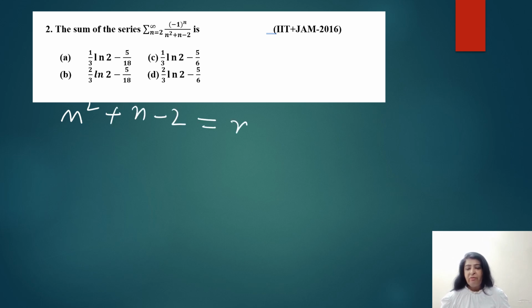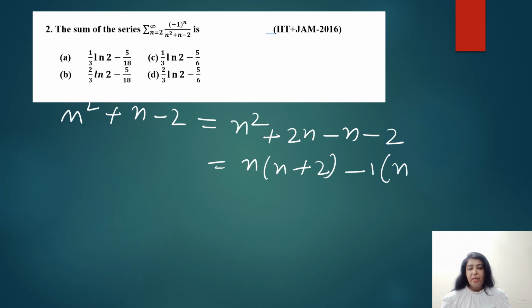So what will be its factors? n square plus 2n minus n minus 2, or this will be equal to (n plus 2) minus 1 (n plus 2), or it becomes (n minus 1)(n plus 2).